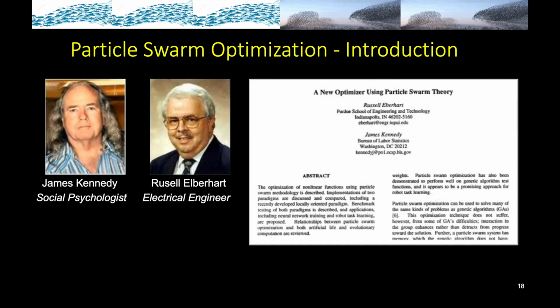However, they realized that their model is capable of doing optimization tasks. So, they proposed a new optimizer based on their model, called particle swarm optimization. An image of the original paper is shown here, entitled A New Optimizer Using Particle Swarm Theory.